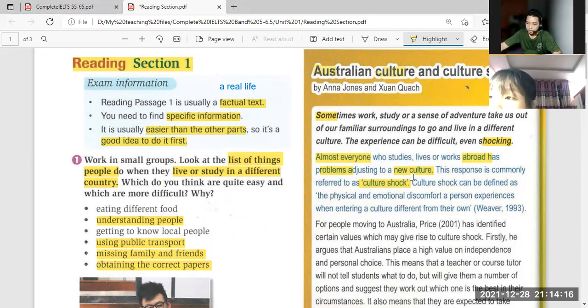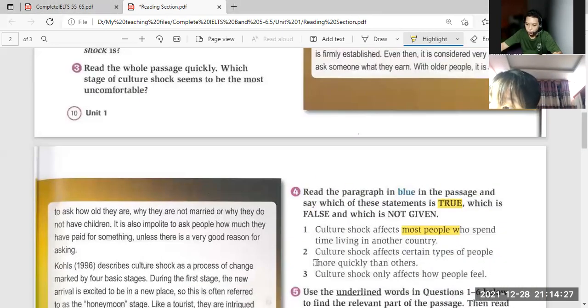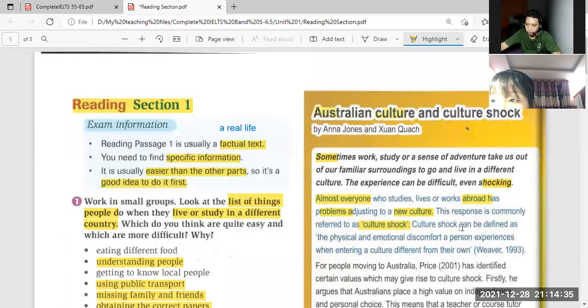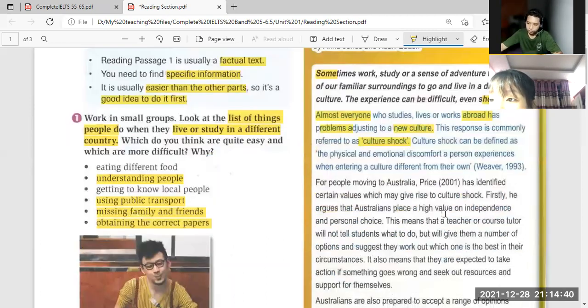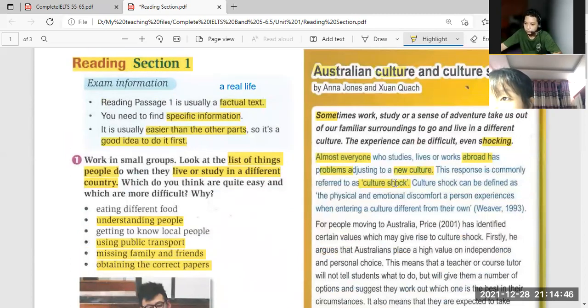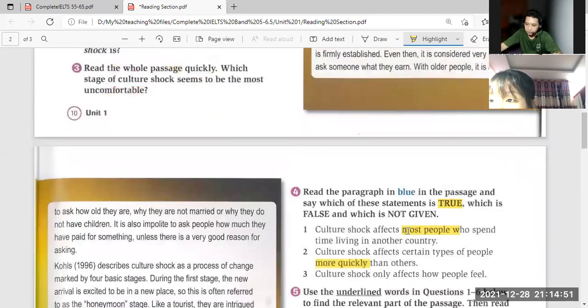Is there a statement here saying about more quickly? No. Because there is no statement here saying about more quickly, we can conclude that statement number 2 is not given. Yes, perfect.